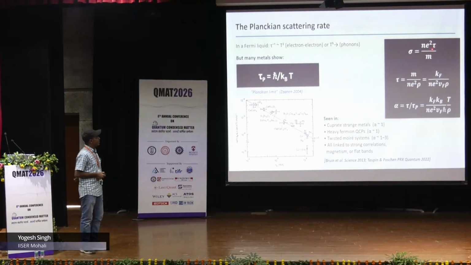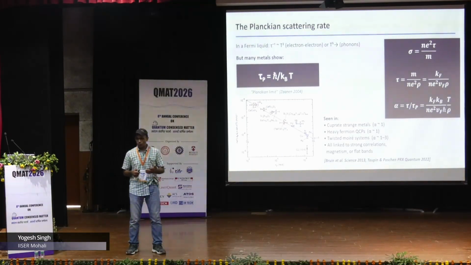One can evaluate from experiments the scattering time and relate it to Fermi surface parameters. If you take the ratio of this scattering time found from experiments to the Planck scattering time, then you get a dimensionless ratio alpha called the Planckian ratio.